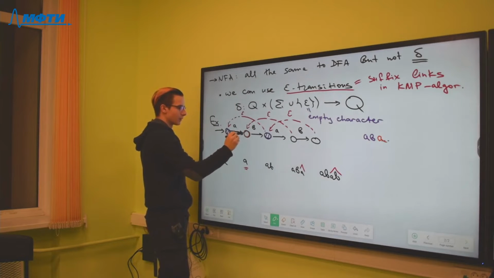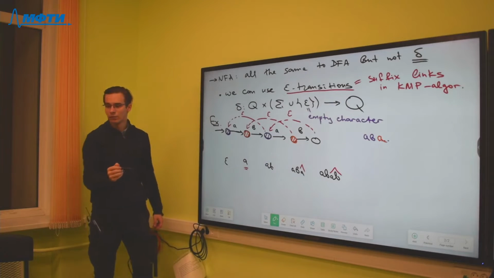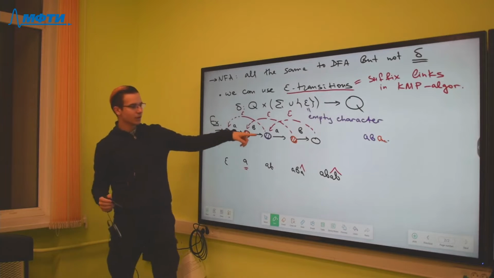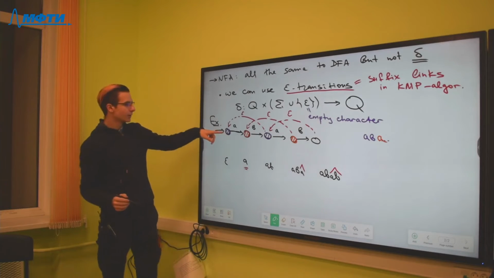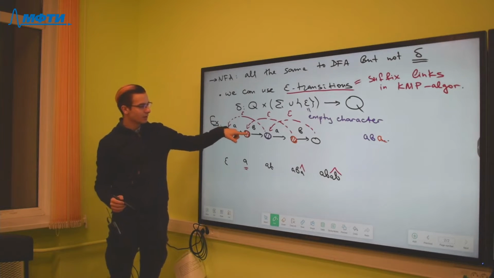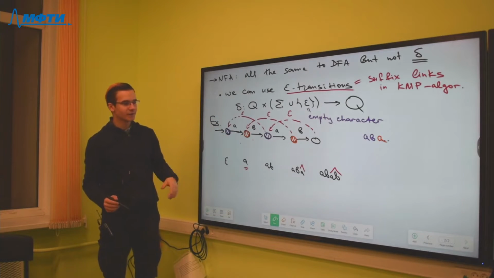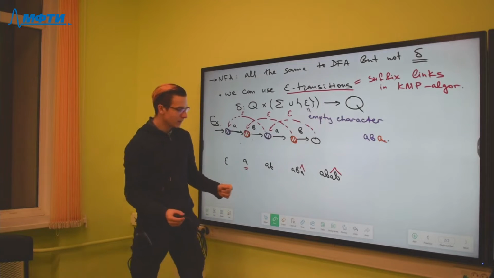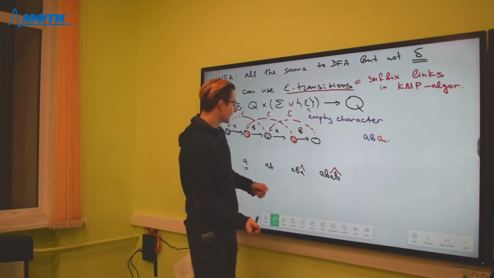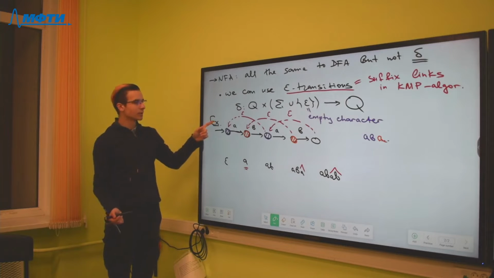So we change it to these two states, because we have a path from the initial state, ABA, to this state, and we have a path from the initial state to this state, AB epsilon A. And we say that any paths can use epsilon transitions.